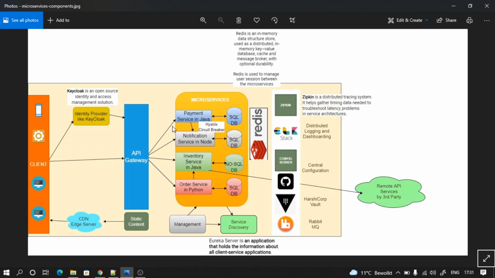One way is to hard code that here. This configuration of the notification service can be hard coded here, or maybe we can put it in the config server. But let's say due to high traffic and very high load, the notification service increases in number. There are now three instances of the same notification service running.